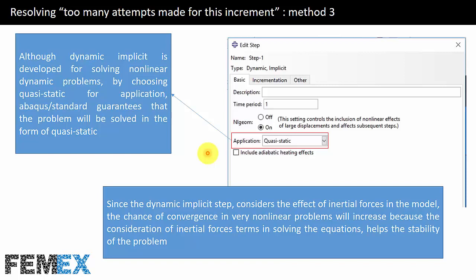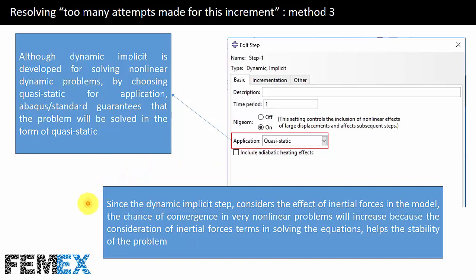Quasi-static analysis means that the participation of inertial forces or kinetic energy is very little than the participation of other forces and internal energy.